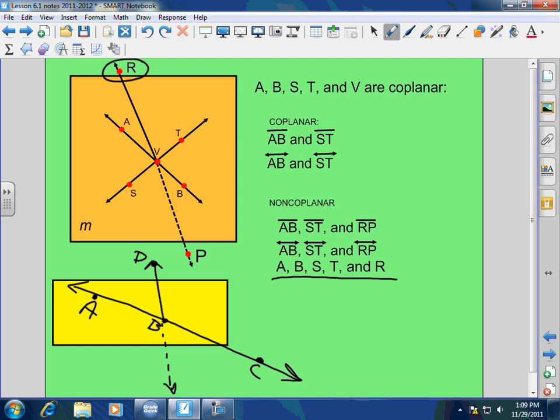Absolutely, because you are drawing on the plane, and a plane is infinite. It's a flat surface. So as long as you're drawing on the plane, it's coplanar. DB are not on the same plane as AC though. So DB and AC would be non-coplanar because they are not on the same plane.